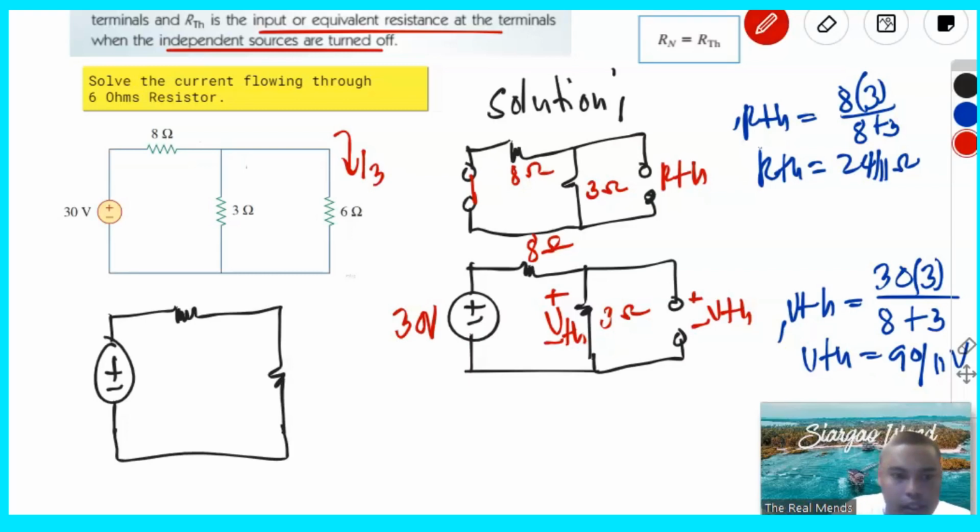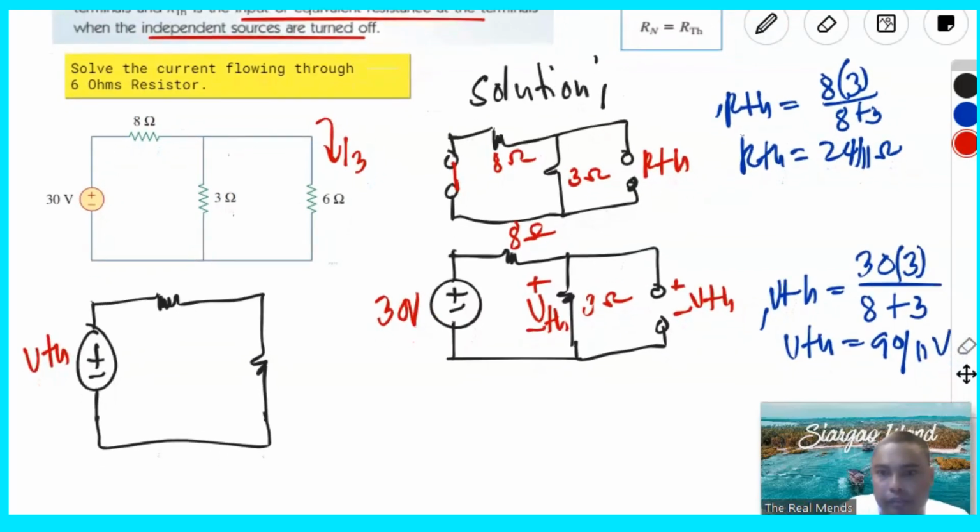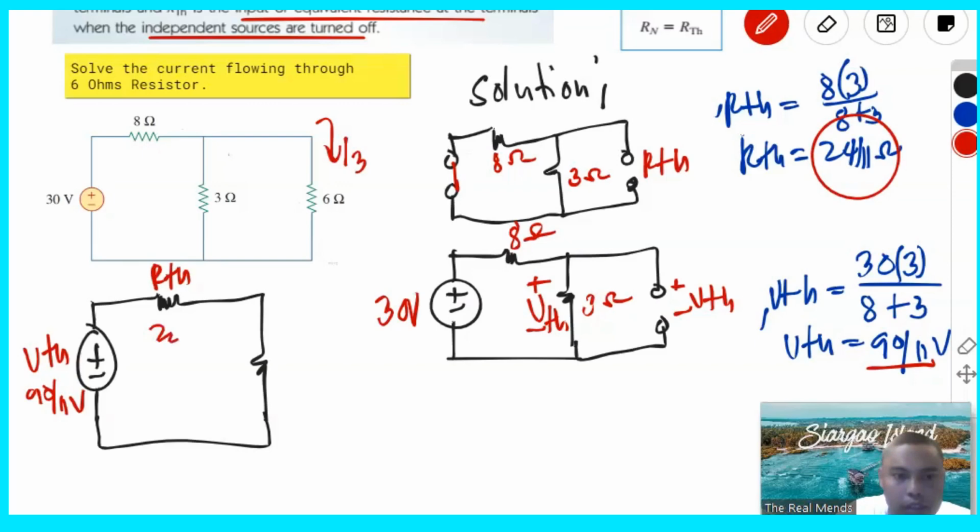Okay, this is our VTH, and the value is this one, 90 over 11. And then the value for the RTH, this one, that is 24 over 11 ohms, and then this is the RL, or that is 6 ohms.